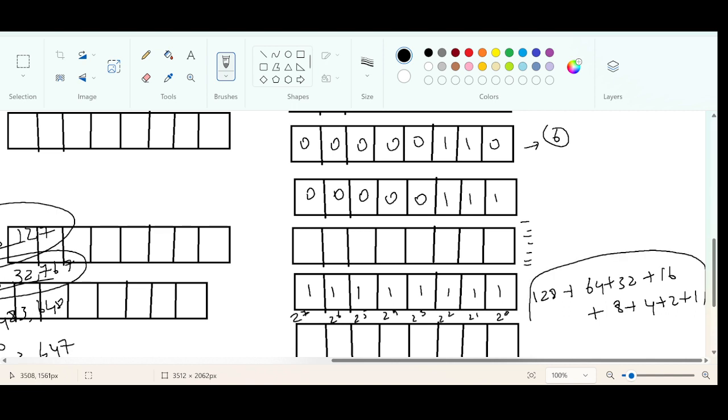Calculate all this. How much is the answer? Do some calculation.